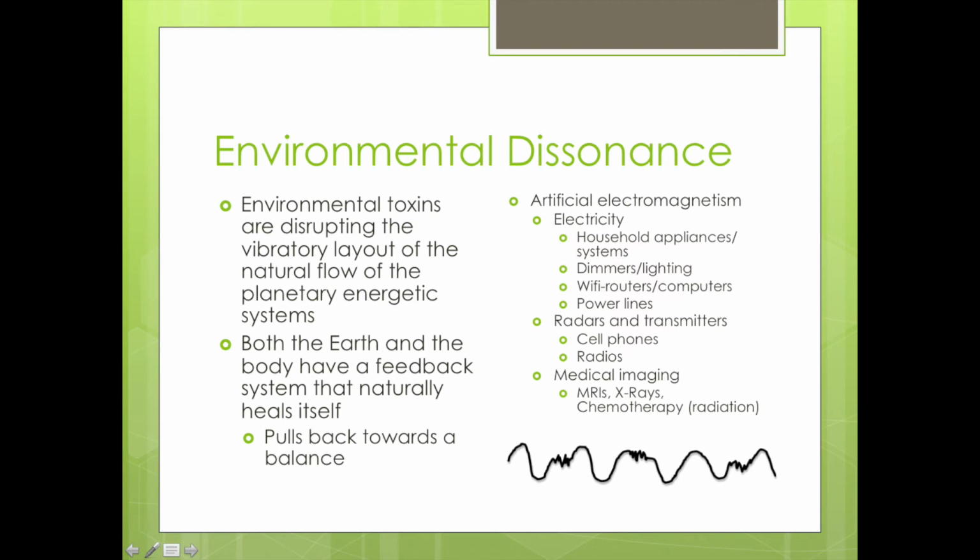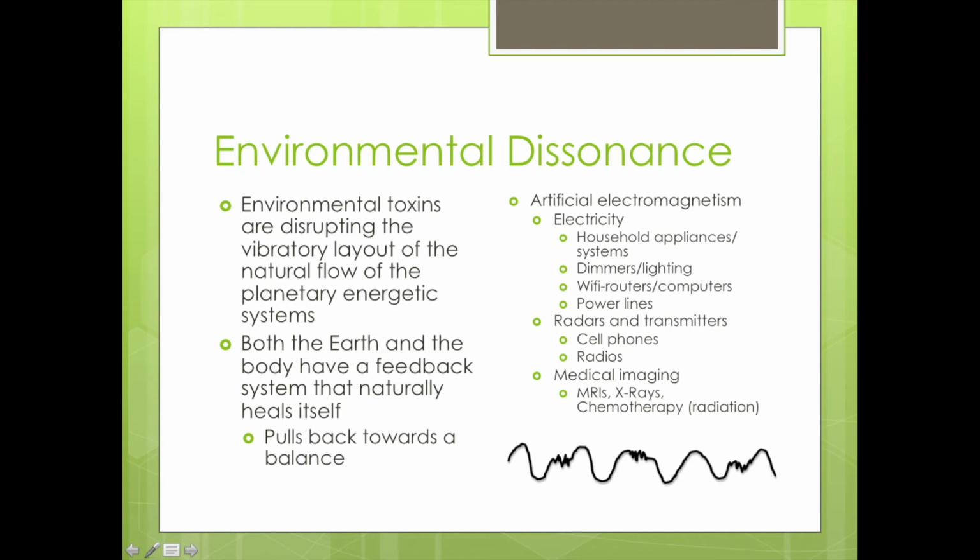With environmental dissonance, we're looking at toxins that are disrupting the vibratory layout of the natural flow of planetary energetic systems. So we are constantly ingesting overly processed foods. There are chemicals and plastics in water and impurities in the air that we breathe, etc. And all of these things are going to affect our fields and thus our well-being.